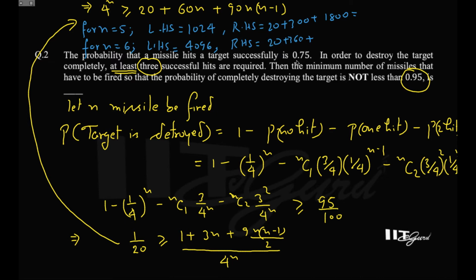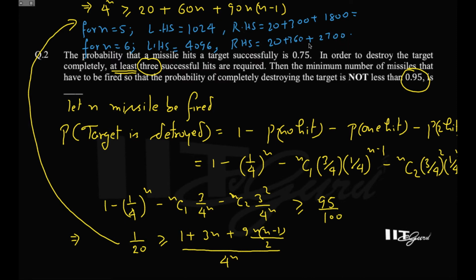So when you put 6, 5, 30, 3, 9, 27, that is 2700. And finally, what we get here is 4096 greater than 2700, 360, and 20.